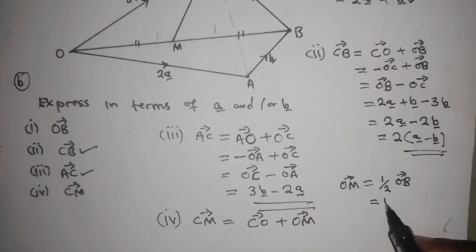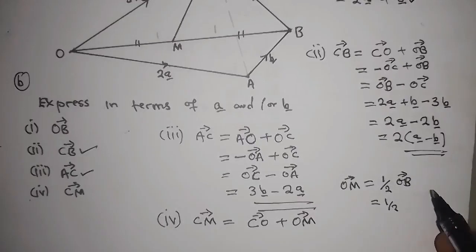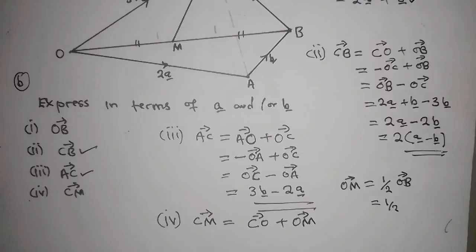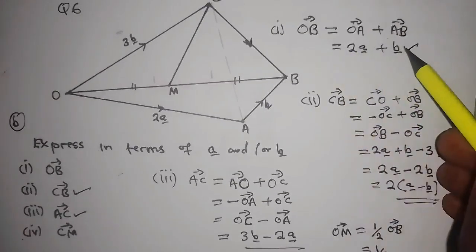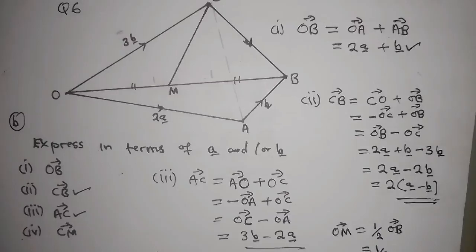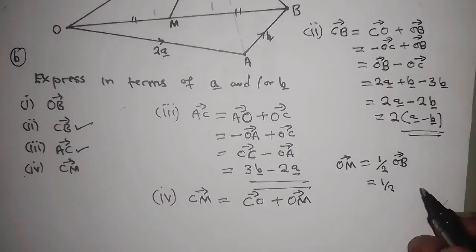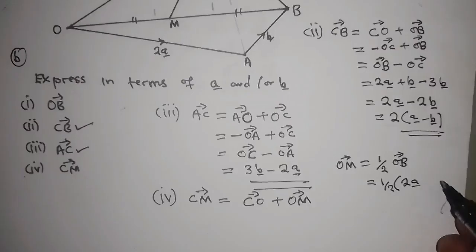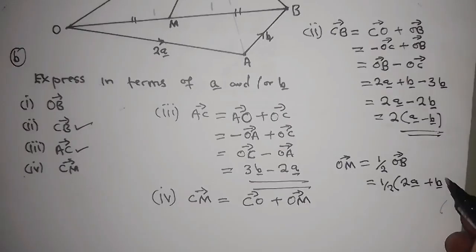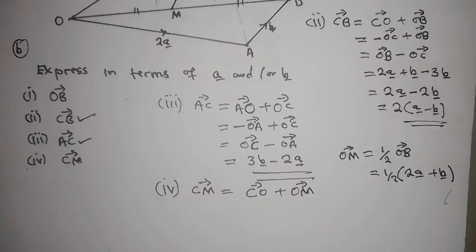And we know that half of this vector OB, and when you go back to the first question, our OB is this one that we found there. So you put in brackets 2 vector A plus vector B. So this is what we are going to substitute there.